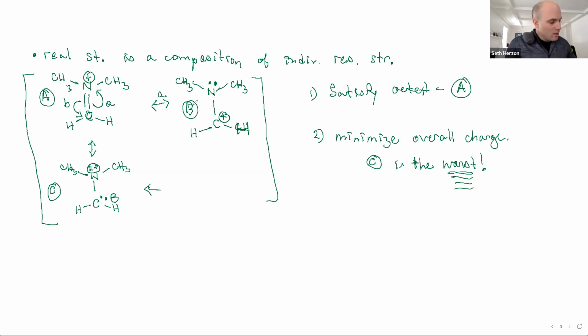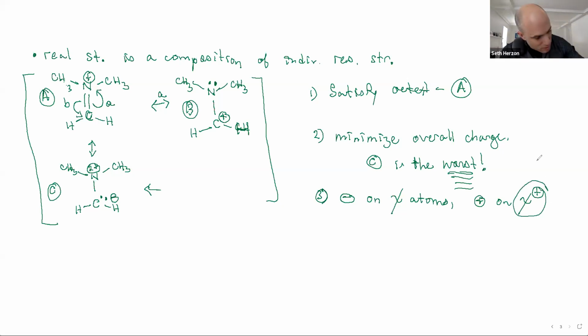The third thing is that you want to put negative charges on electronegative atoms and positive charges on electropositive. And so I'll just use this kind of to mean electropositive or non-electronegative. Okay, so those are the 3 criteria.